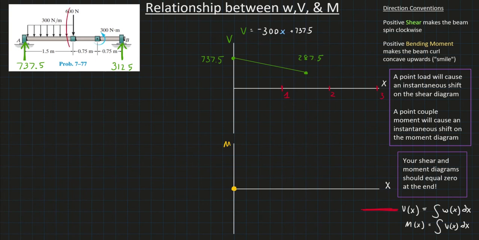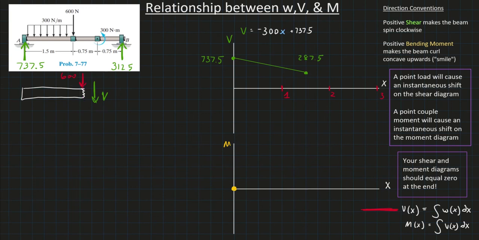Now, notice that here we have one of those point loads. Now remember, we learned that a point load will cause one of these instantaneous shifts, up or down, of my V equation, or my V curve. And the way that I think about this is imagine here's this externally applied point load right here, the 600. And here is my positive internal shear. Because we have a lot of force pushing down, we're going to need less of this positive shear.